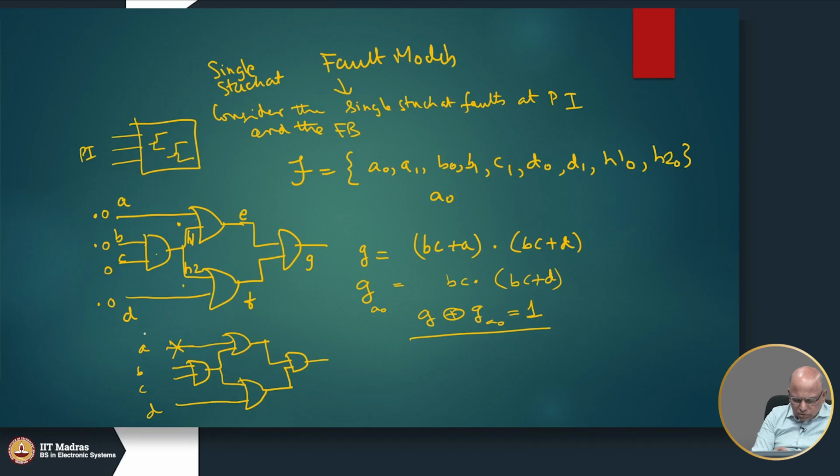A good circuit should have a 1 and a faulty circuit has a 0. So, that is what we need to do. And at the output also, somehow the good and the faulty circuit must have different values. Only then it becomes a useful test. Otherwise, both the good and the faulty circuit are behaving identically.